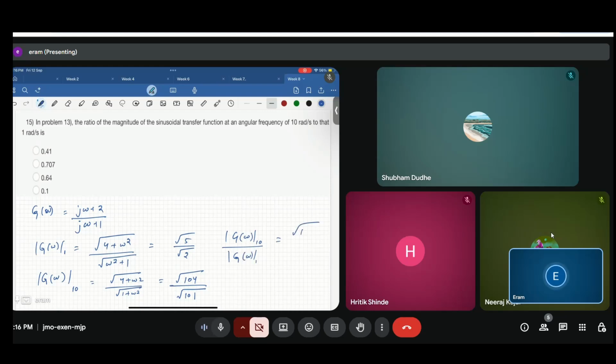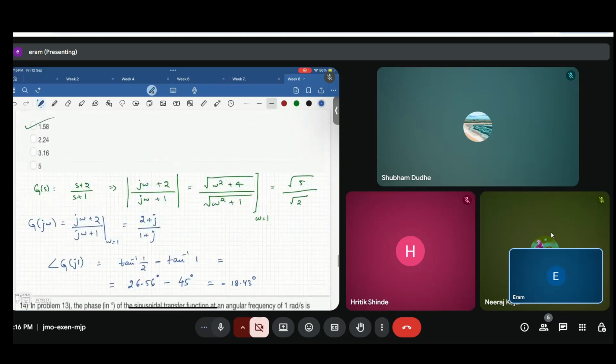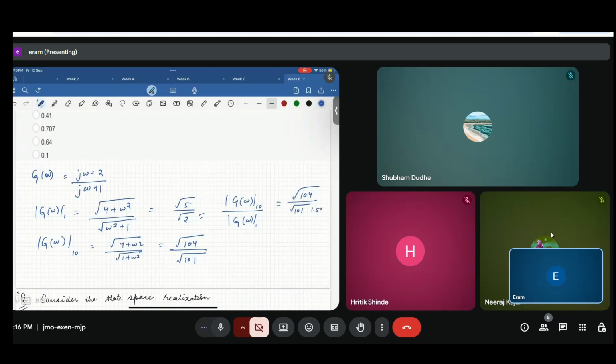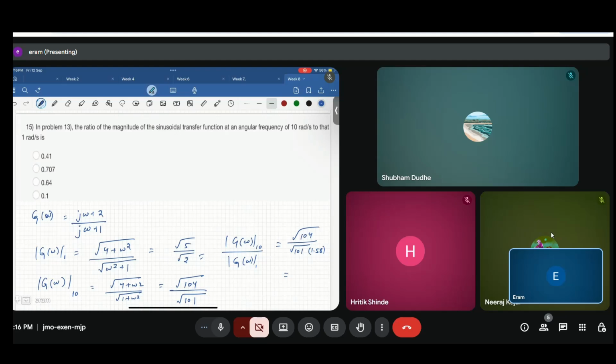So this is under root 104 divided by under root 101, and this one we have already calculated, it was 1.58. So divided by 1.58. How much will you get? 0.64. Okay, that's the correct option.